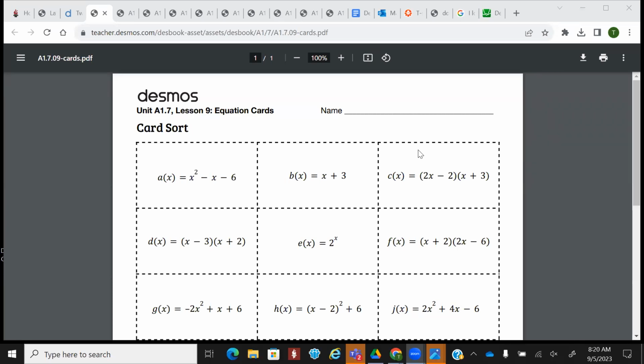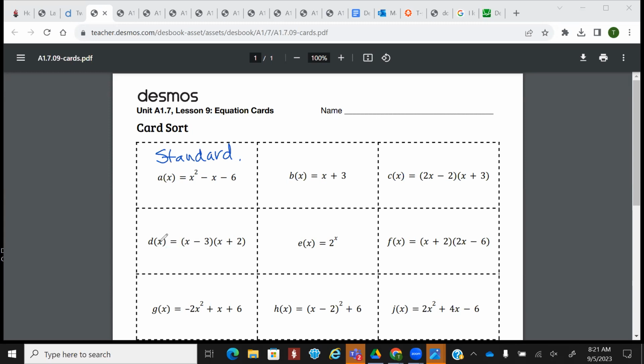We're going to decide whether or not this is factored, standard, or neither. Okay, so on that first one, is it standard form, factored form, or neither? So remember, standard form is going to have that ax squared. So this is going to be standard form.